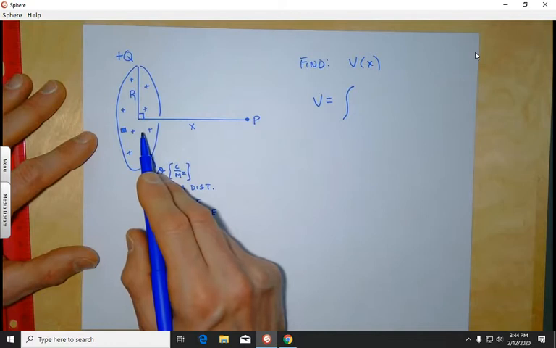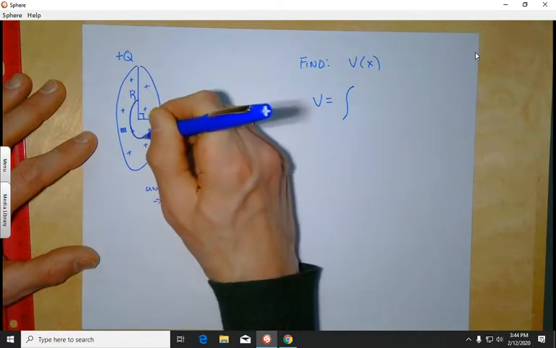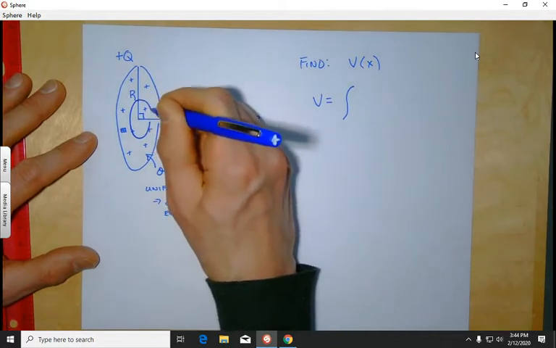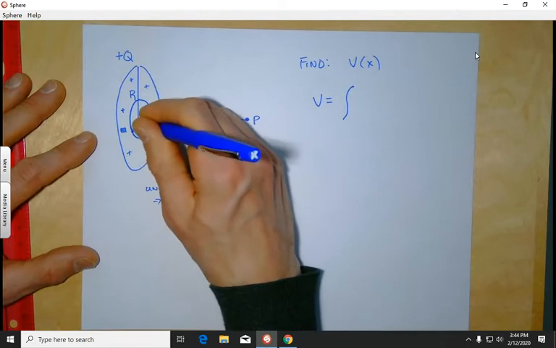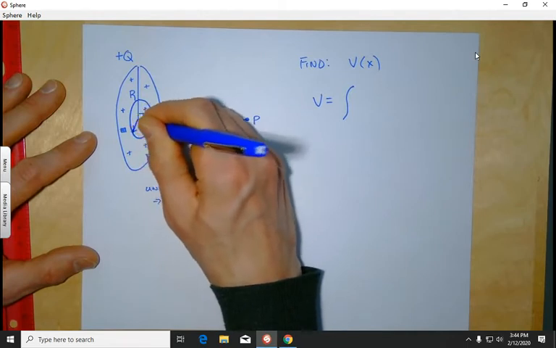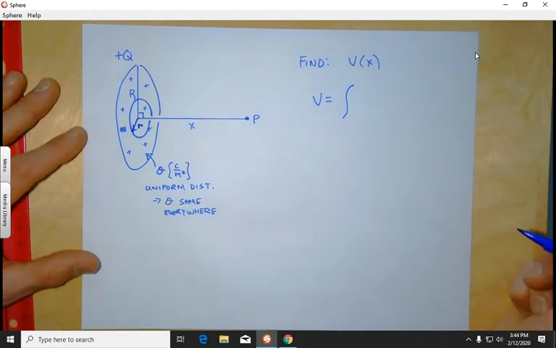So the trick that we're going to use here is we're going to make our dq's come from rings. And so I'm going to define some ring here that has a radius of lowercase r.